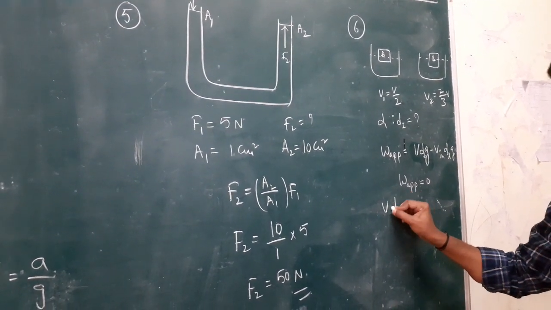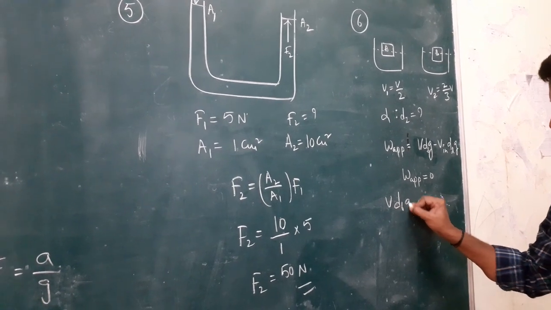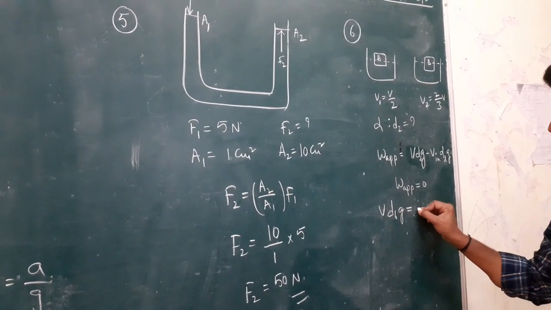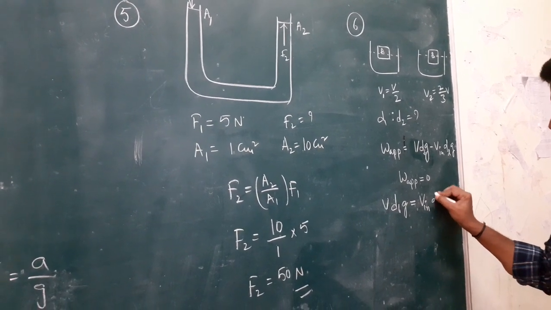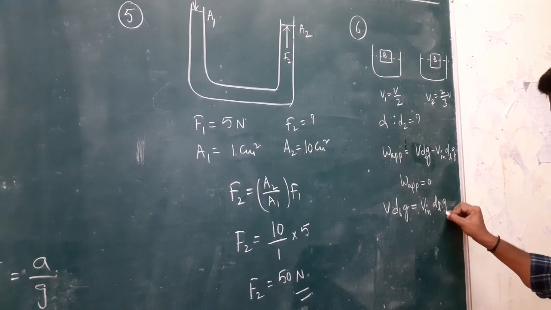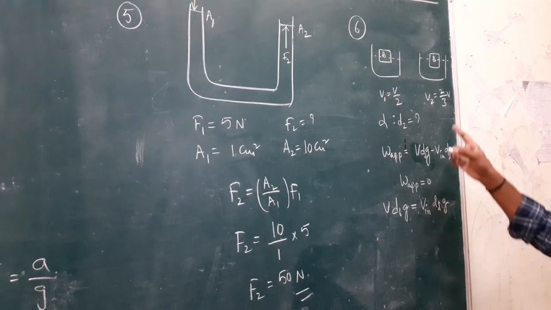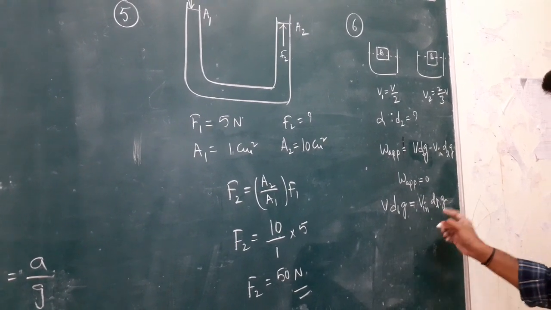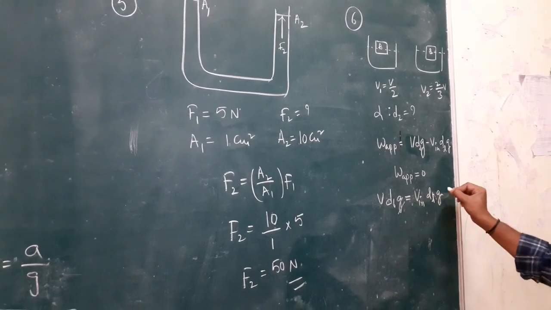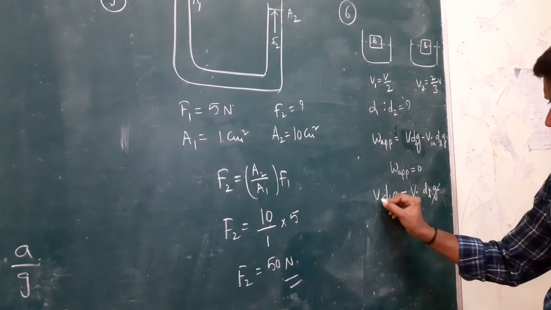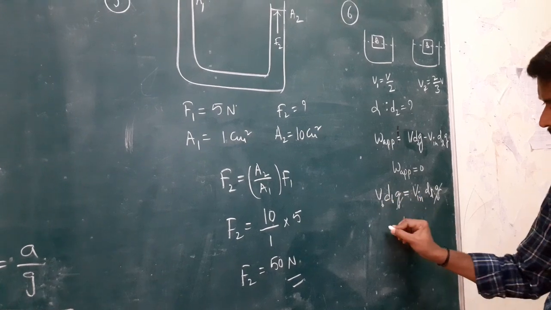Therefore V into dB into g is equal to V, the volume of body inside the liquid, into dL into g. So g gets cancelled.